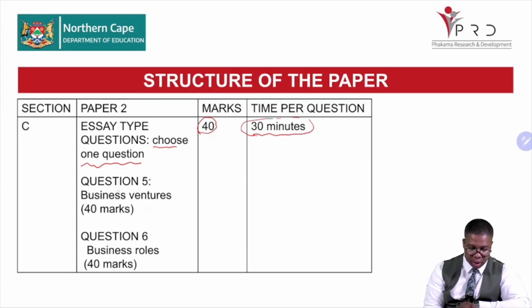The questions are question 5 and question 6. Question 5 will assess an essay under the subtopics of business ventures, and with business roles, you will have an essay which will assess subtopics under business roles for 40 marks. But remember, you choose only 1.